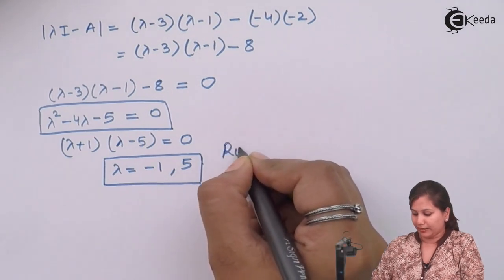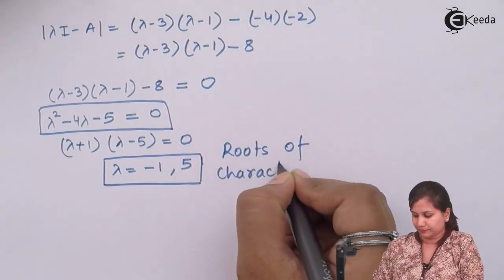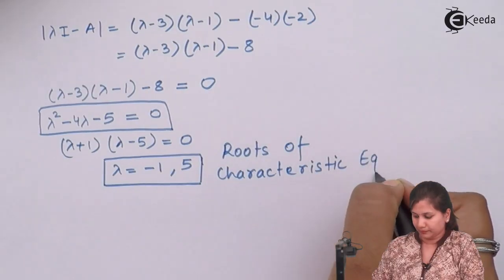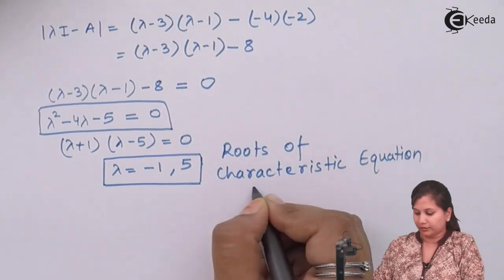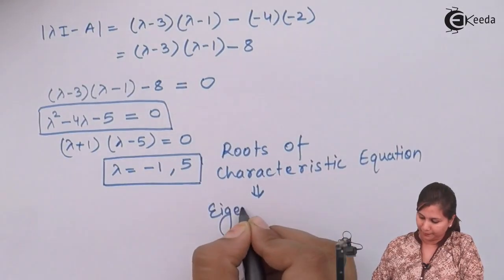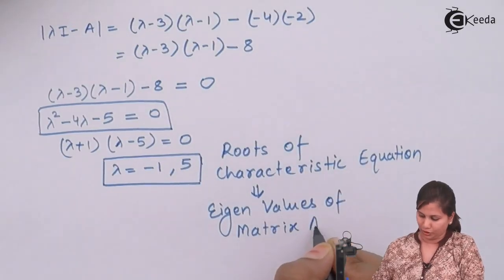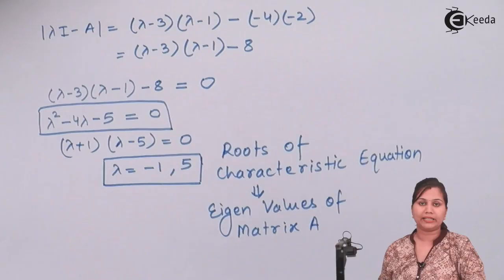So roots of characteristic equation are the eigen values of matrix A. So first thing we have calculated the eigen values.